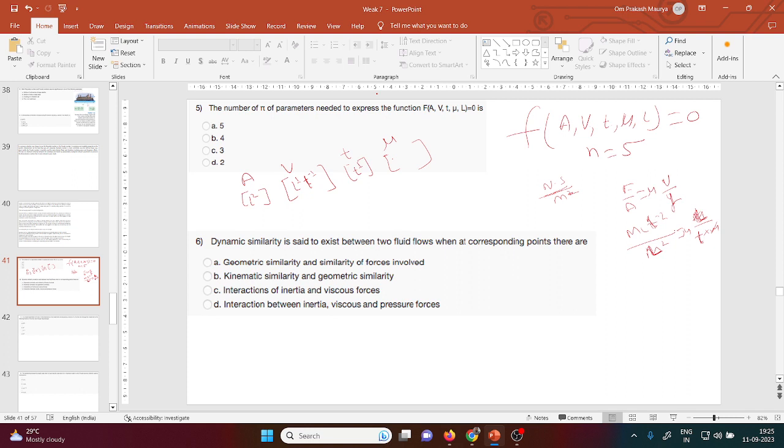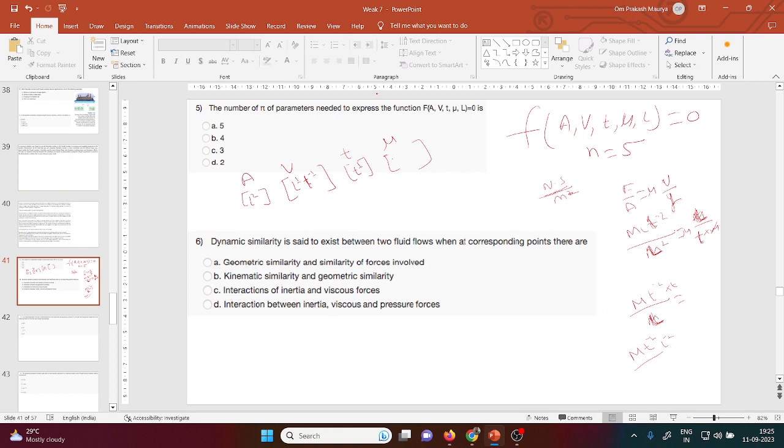M L T^-2. So when you multiply, what will happen? M^1, L is cancelled. So 1 L is remaining, and minus 2 into T. So that is M T^-1 and L^-1.